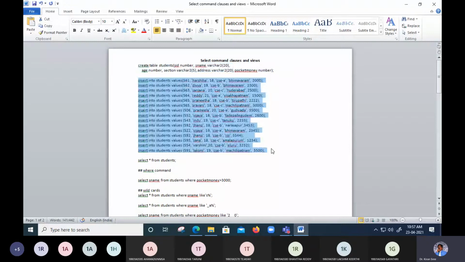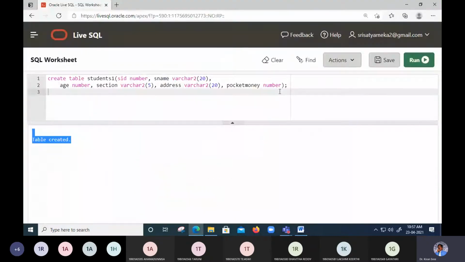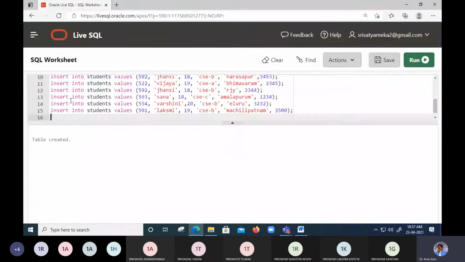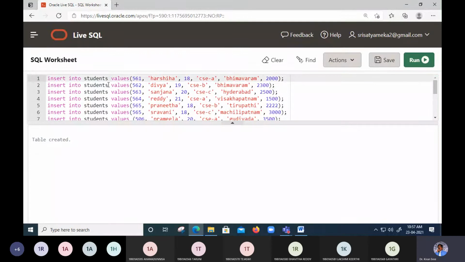Assume I have 10 to 12 insert commands. I have to call the table student 1. You know why we have to call it student 1? Because we created the table as student 1.